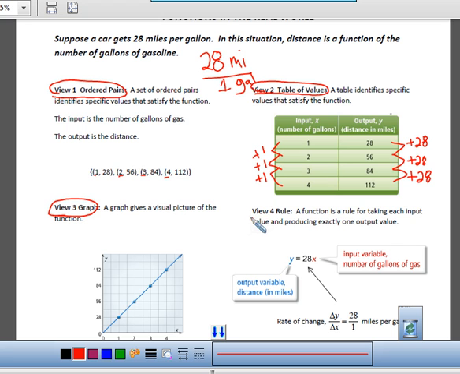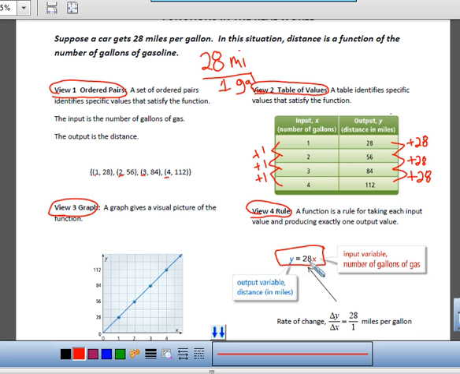And then the last view, or the last way we can view this, is a rule or an equation. A function is a rule for taking each input value and producing exactly one output value. So you'll see this equation, y equals 28x. So x is the input value variable, which is the number of gallons. The output variable is y, and the 28, that's our constant rate of change.